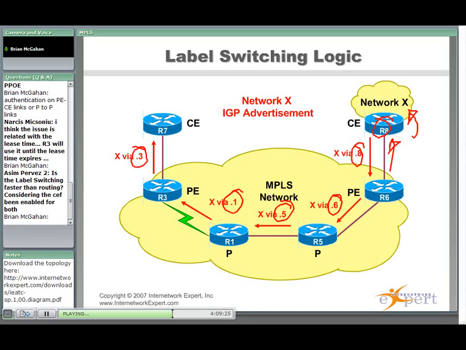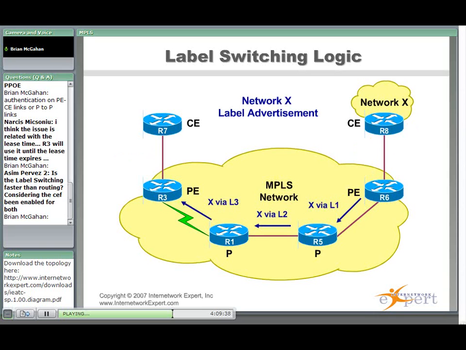It says to router 1, in order to get there, you're going to use .5. 1 says to 3, you're going to use .1. 3 says you're going to use .3. So what we can see on a hop-by-hop basis, these devices' forwarding decisions are independent of everyone else. So the next hop value is changing on a hop-by-hop basis. So router 7 says, I need to go to router 3. Router 3 says, I need to go to router 1, etc., etc. Okay, so this is going to be the first step in the MPLS process.